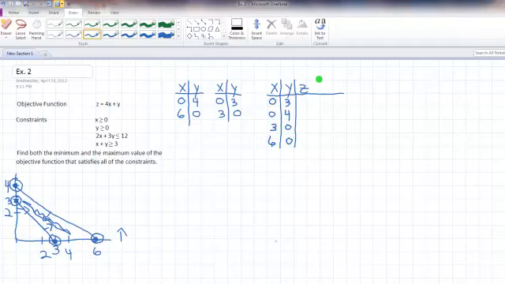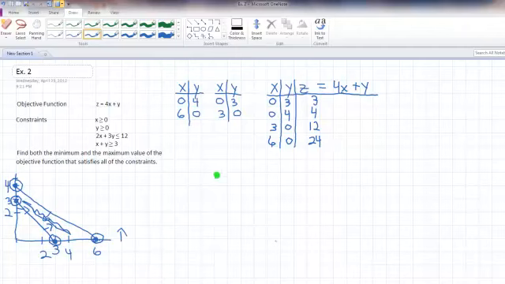And if you remember, our z is 4x plus y. Now, so we just plug these in. If I plug in 0 for x and 3 for y, I get 3. 0 and 4, I get 4. 3 and then 0, I get 12. 6 and then 0, I get 24. All right.